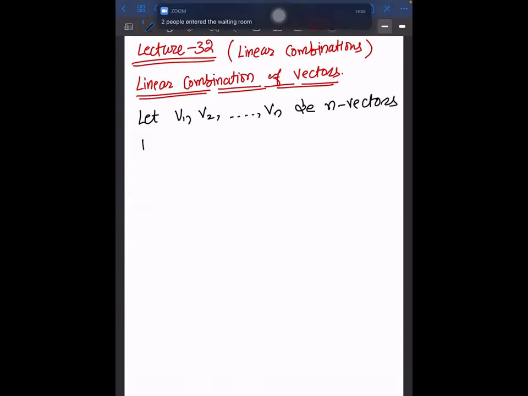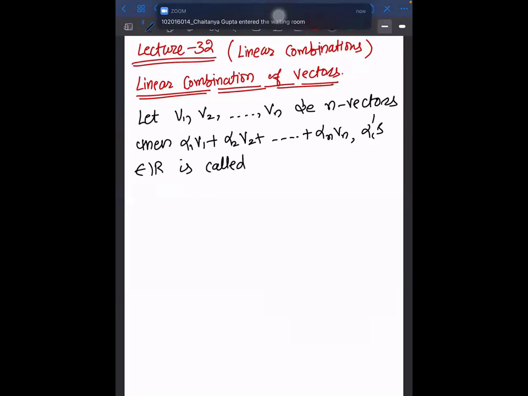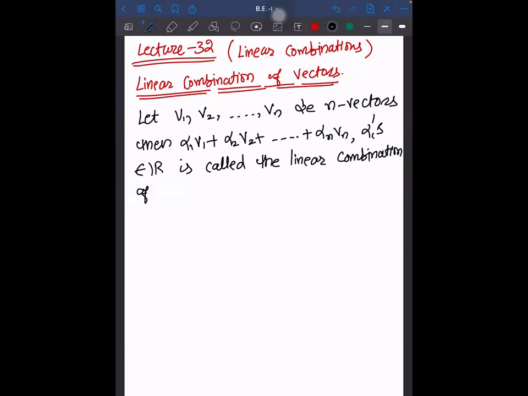Then alpha 1 v1 plus alpha 2 v2 plus ... plus alpha n vn, where each alpha belongs to the real numbers, is called the linear combination of these n vectors. So first of all, let's understand what it exactly means.